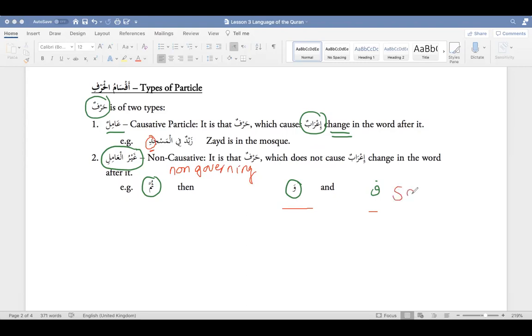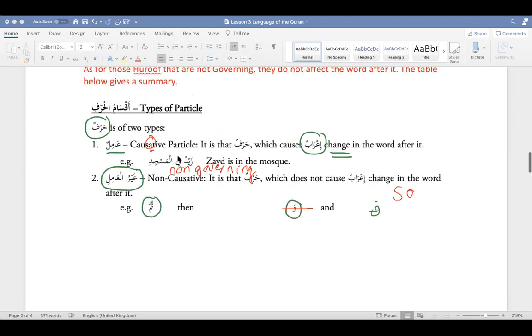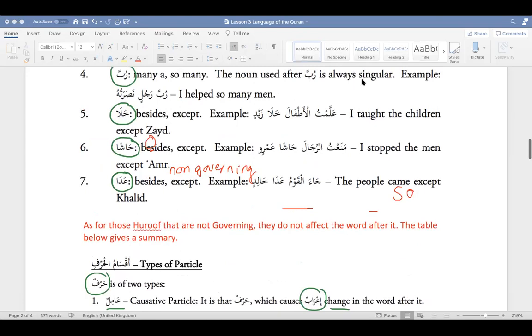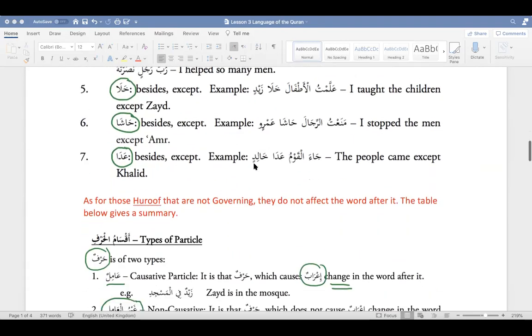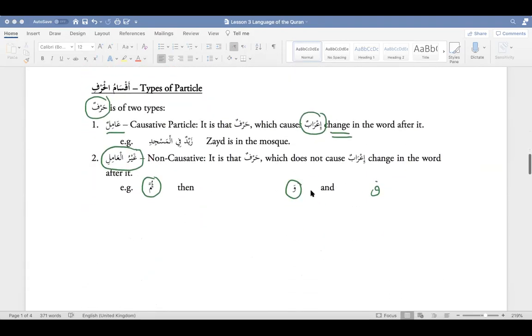Ustad, why does it say by up there for wow, and now it's and? Above it said wow means by, like wallahi, and now wow is and. It's because there's a time when you can take it as an oath, wallahi, by the name of Allah, and other times when you use it as a full stop, where it just means and.